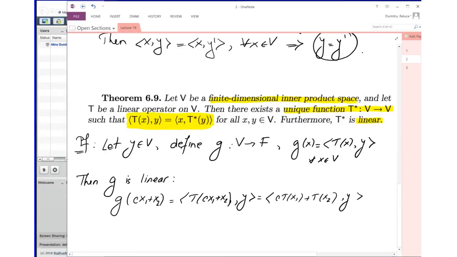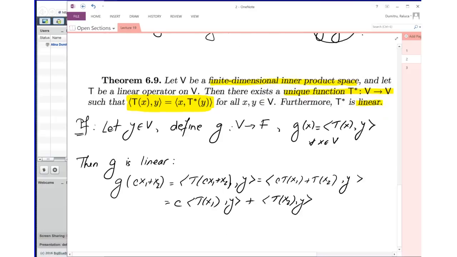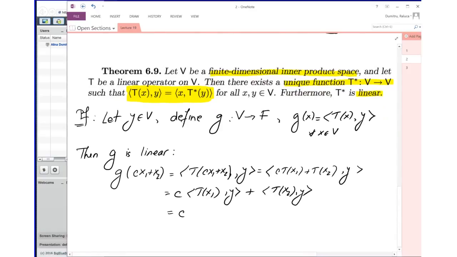Inner product with y. Inner product linear in the first argument. So this is C, inner product between T of x1 and y, plus inner product between T of x2 and y. And that's nothing more than C times G of x1 plus G of x2.